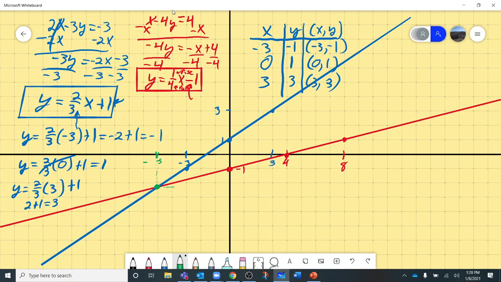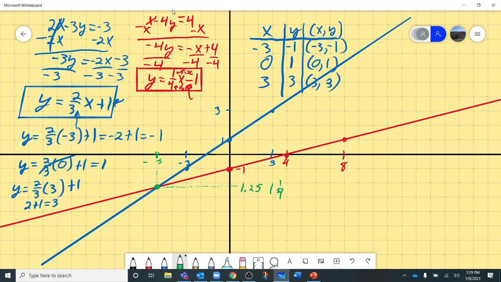But my y value, I mean, it's between 1 and 1/2. Let's just say 1.25 or 1 1/4. Okay, and that's an estimate, and that's where graphing to find a solution, depending on what you're doing, might be close enough to just estimate about where the lines intersect.